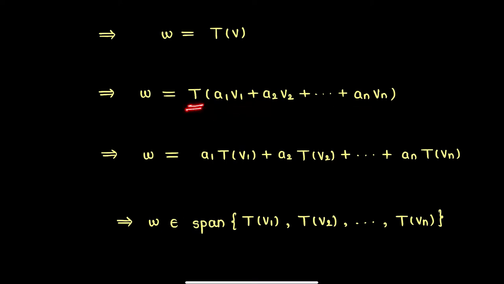Now since T is a homomorphism, this can be written as W is equal to A1 T of V1 plus A2 T of V2 plus and so on plus An T of Vn. Now here we can observe that W can be written as a linear combination of vectors TV1, TV2 up to TVn, and so W will belong to the span of vectors TV1, TV2 up to TVn.